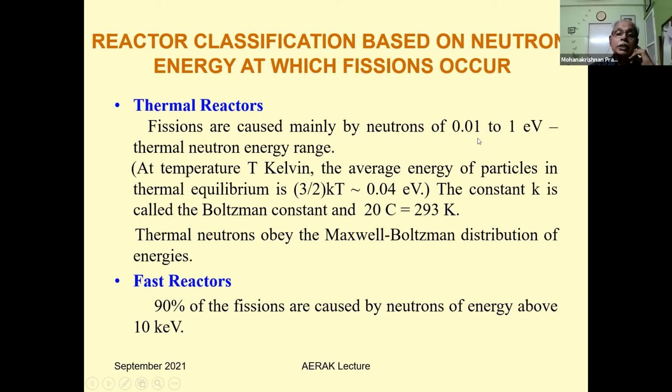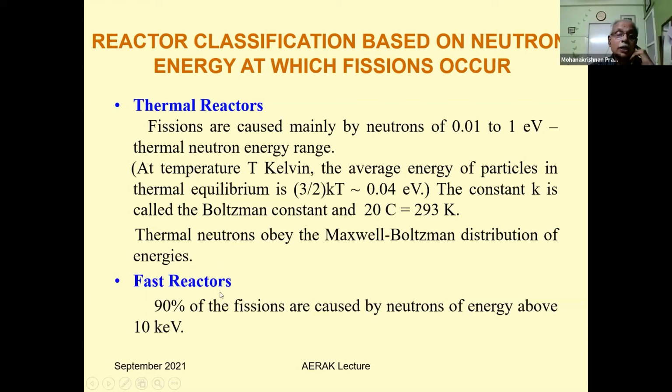So this is the range of the thermal neutrons, and they obey the Maxwell-Boltzmann distribution of energies, and they are the fission-causing neutrons in the thermal reactors, that is the heavy water reactor which I mentioned just now, or the light water moderator reactor which I mentioned just now.